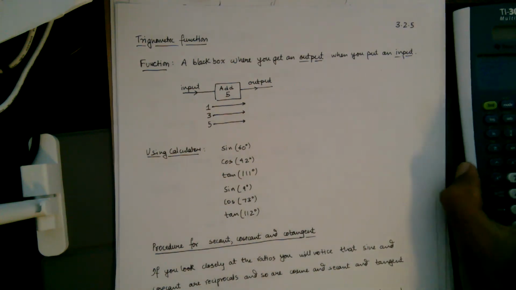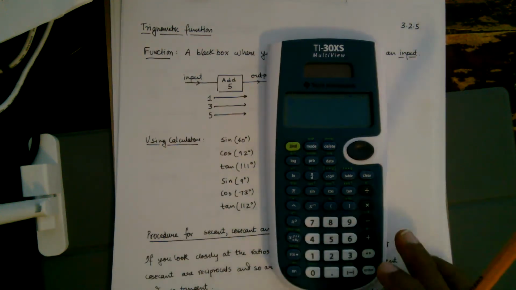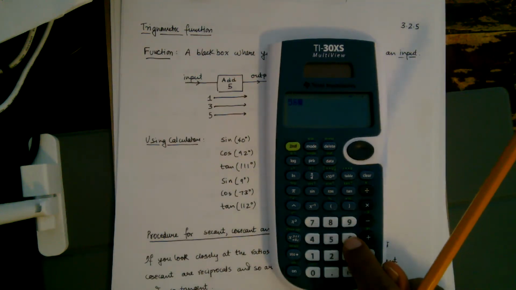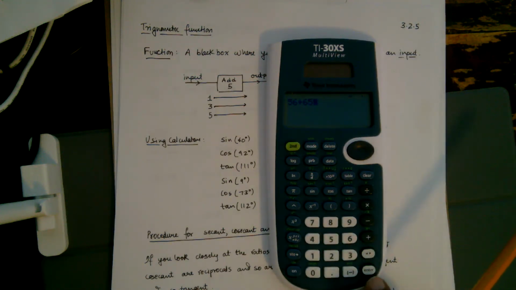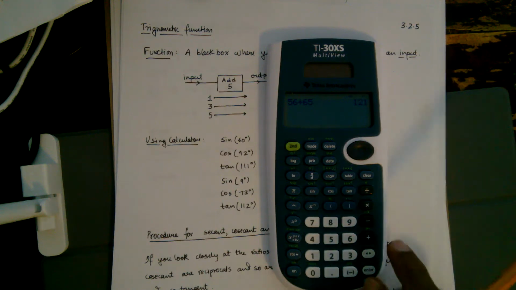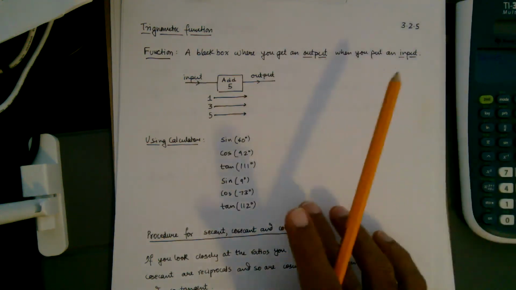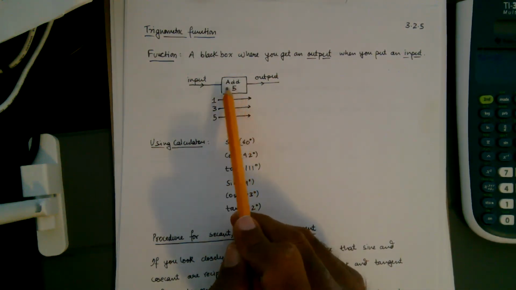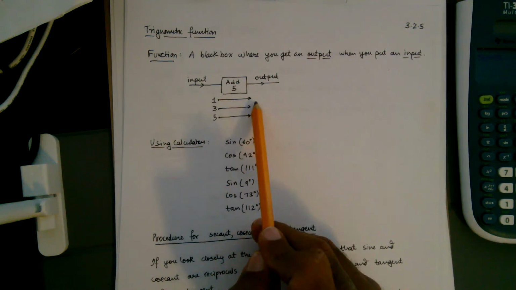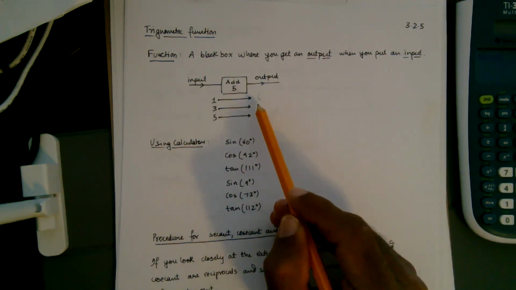Now a calculator is sort of like a function. Each button does something unique. Typing 56 gives me 56 on the screen. Plus 65 and then pressing enter gives me an output of 121. So that's the basic idea for a function. For example, if you have a simple function which adds 5, if the input is 1, what is the output? Well, you add 5 to 1 and you get 6.